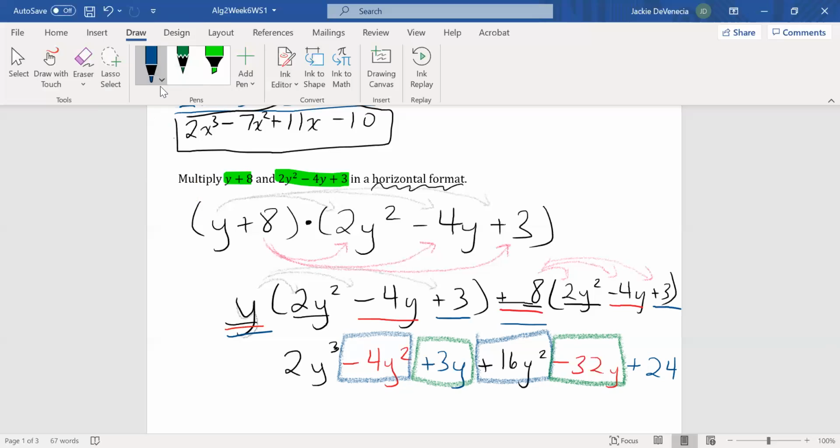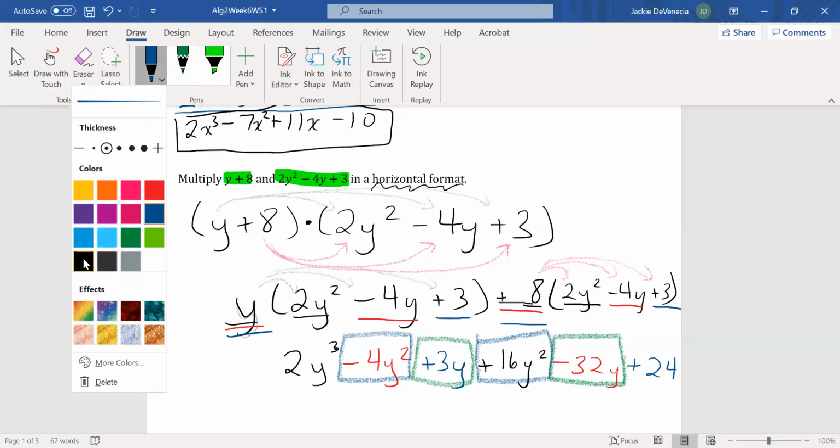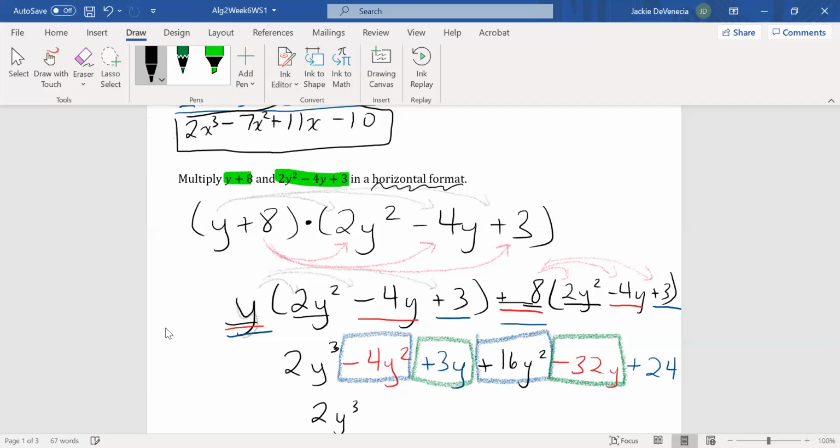So if I was going to rewrite this whole thing with all my like terms combined in standard form, I would write 2y cubed. And remember, I need to go down in descending order, so greatest to least in exponents. Negative 4y squared plus 16y squared, that's going to give me a positive 12y squared.